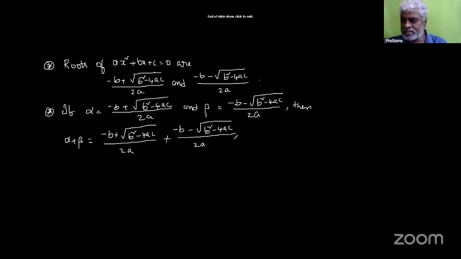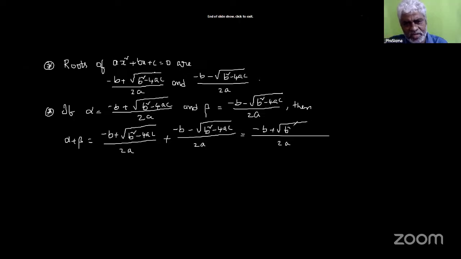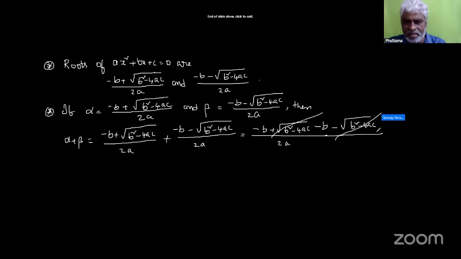How to simplify this? LCM is 2a, common denominator. Next, minus b plus root of b square minus 4ac, plus minus b minus root of b square minus 4ac. Because then you can cancel out these. Yes, you can cancel the root terms.